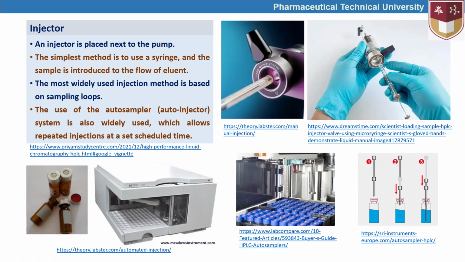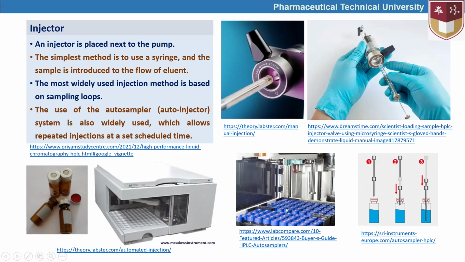Today almost all HPLCs are provided with autosamplers, as indicated here. These places are filled with vials, brown colored, protected from sunlight. Inside here we can see the automatic autosampler, which has its own syringe that can take some amount from the vials, which can be numbered and given an order.